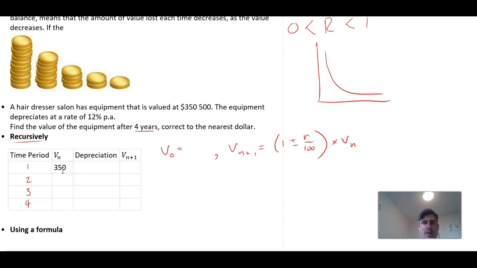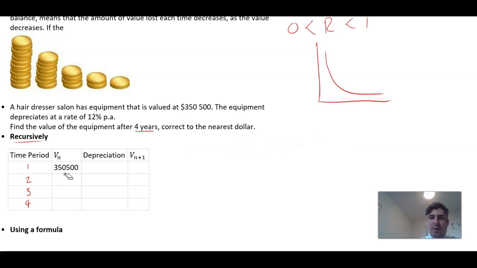350,500. And so the depreciation for this first year we can work out as 12% of the amount. So if we get our 12% and we times it by the 350,500, that will give us the value of the depreciation.